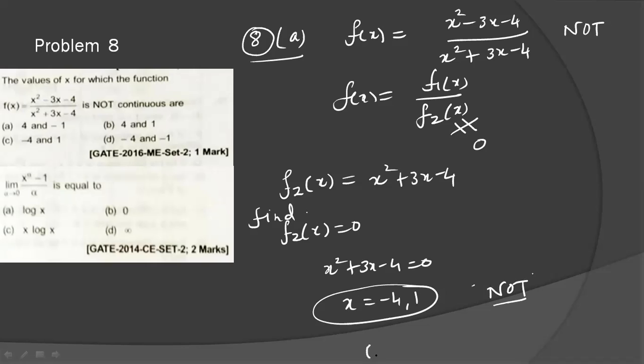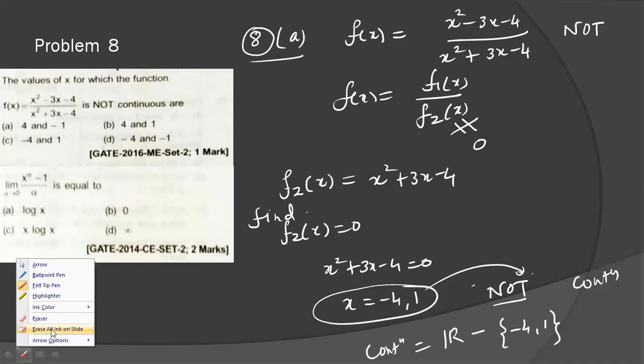It is continuous for every real number except minus 4 and 1. Not continuous will be at minus 4 comma 1. There are only 2 points where this function is not continuous, because at these points the denominator is 0, so the function is not defined.